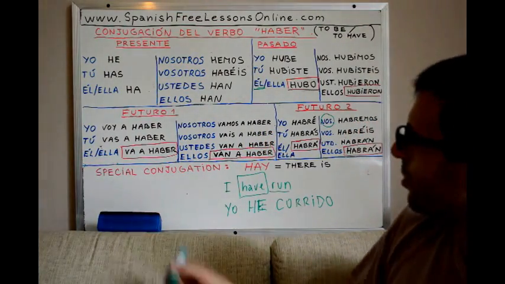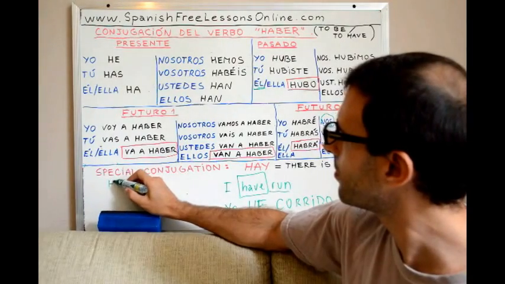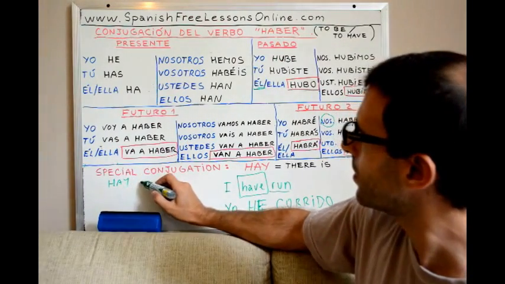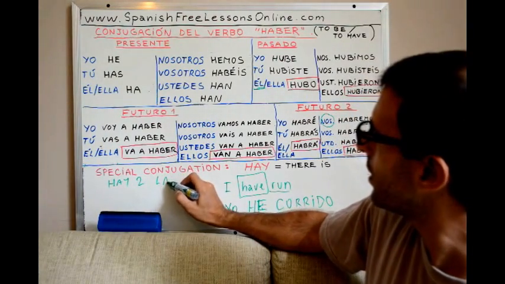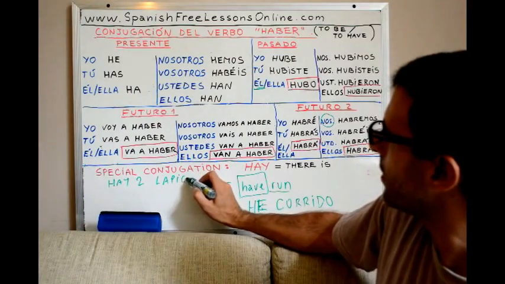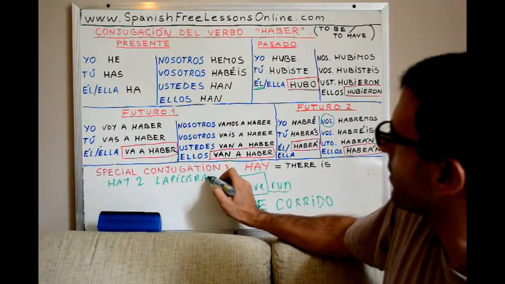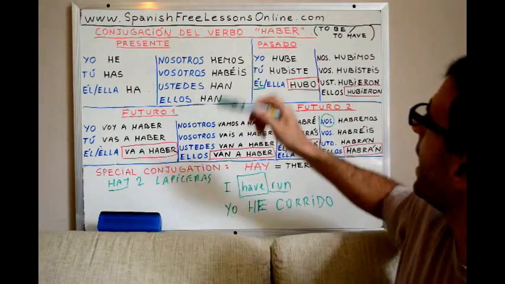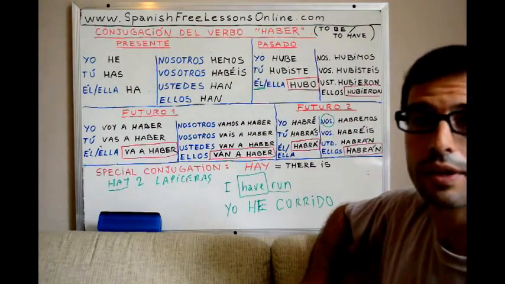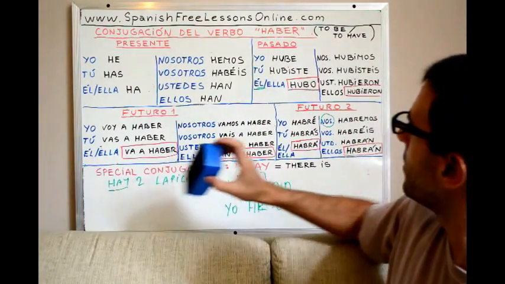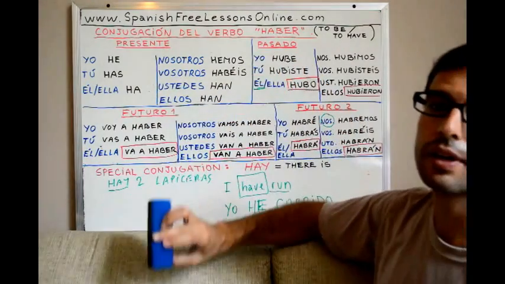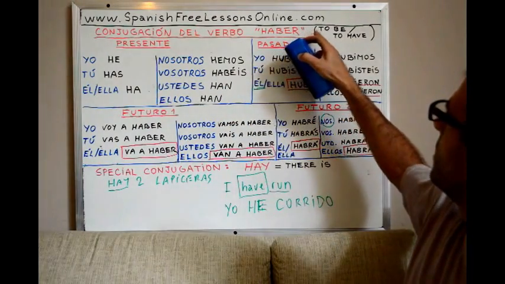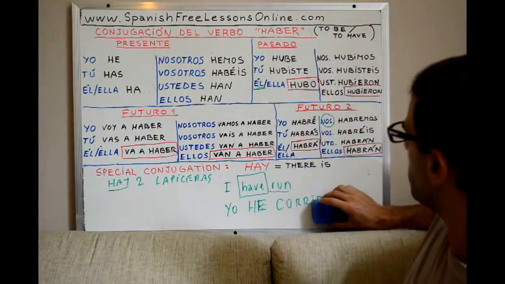Hay dos lapiceras. So we're using hay from the verb haber, right? That's why I tell you that verb haber means to be and to have.